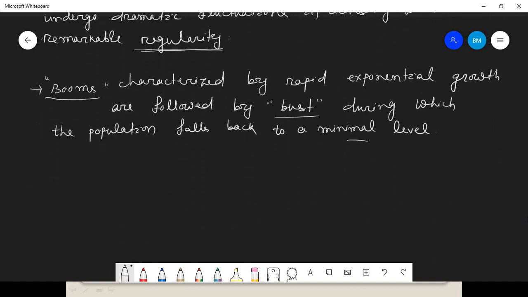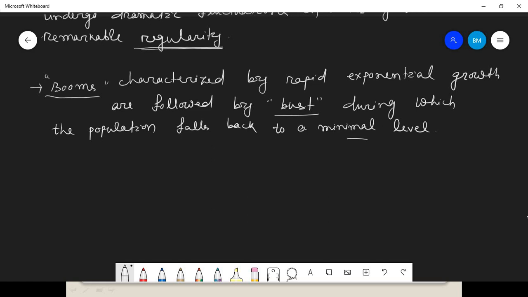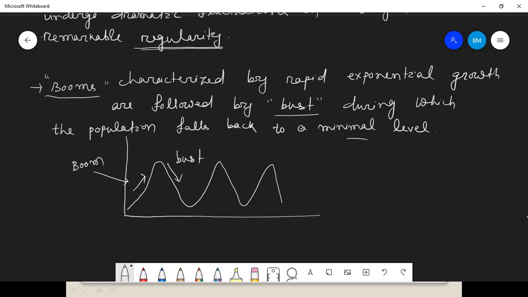That means every boom is followed by a bust. So the graph will be wavy like this, and this one is the boom, and this one is the bust. This is the boom and bust of a population.